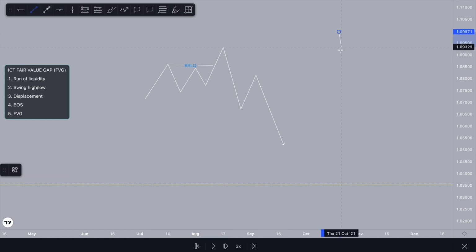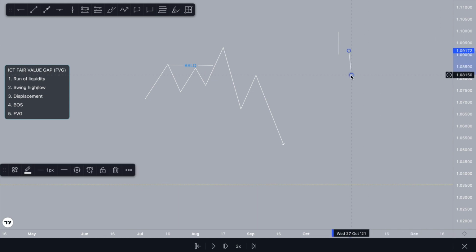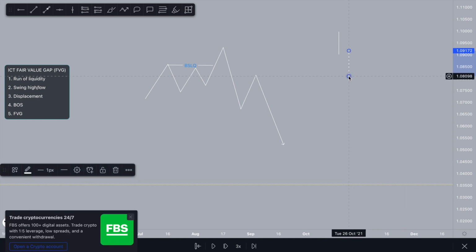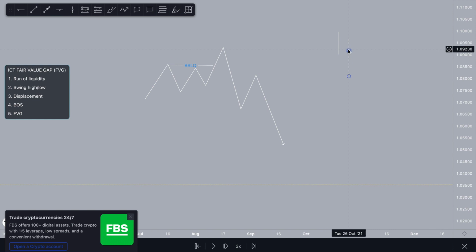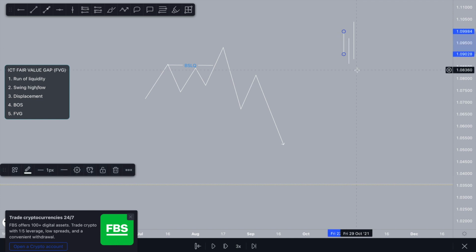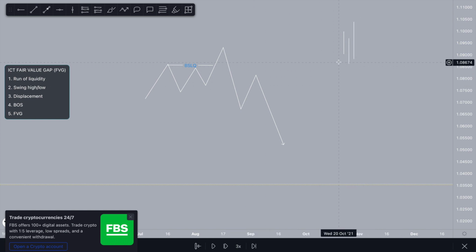Let's say this is our first candle, this is our second candle, and then this is gonna be our third candle, just right here. As you can see, our second candle has the lowest low. So that's our swing low.